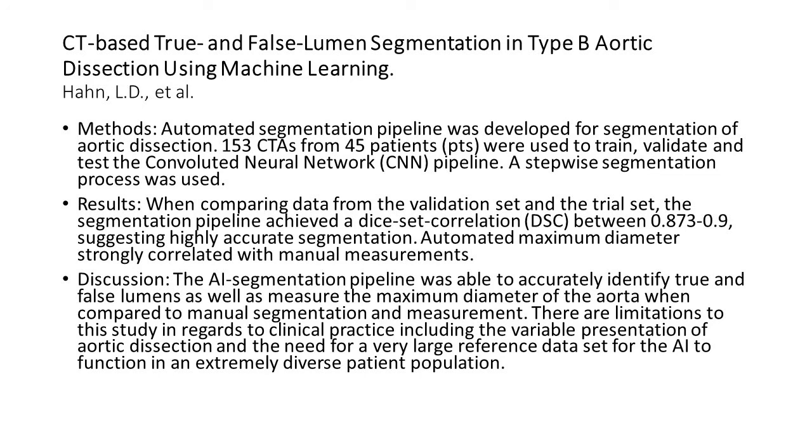The steps for segmentation included first identifying the aorta from background in the axial plane, determining the aortic center line by utilizing the average density within the aorta, generating MPRs, or multiplanar reformats, in an orthogonal plane from the center line, then segmenting the aortic dissection into both true and false lumens.